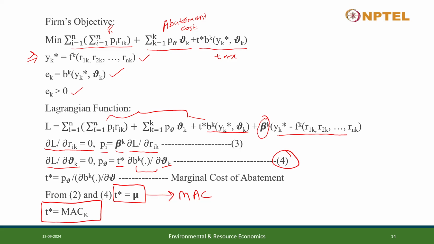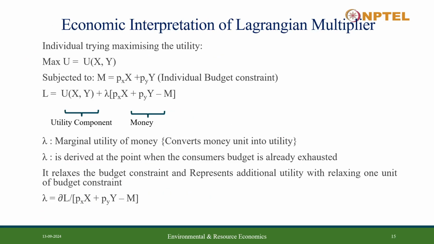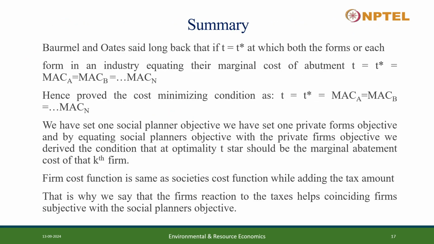So from here we can summarize that Baumol and Oates said that if t is equal to t star, that is the optimum level of tax, then all the firms try to equate their marginal cost of abatement, let's say MCA, MCB, MCN, where A, B, N are the firms, with the tax.